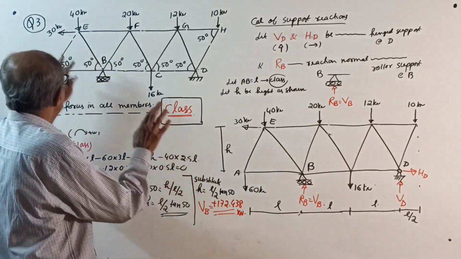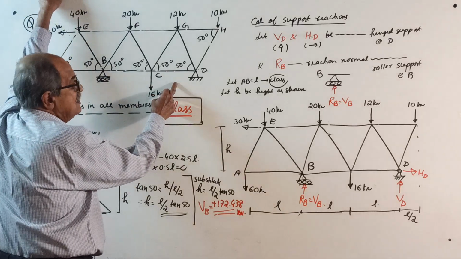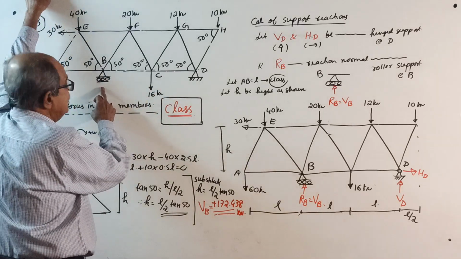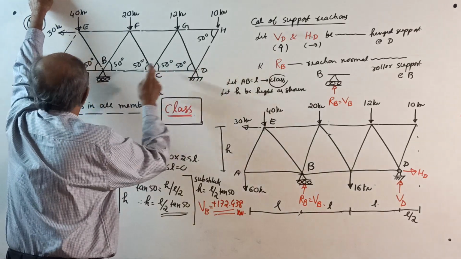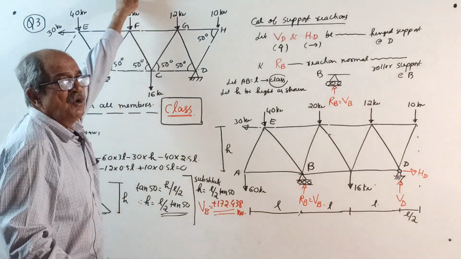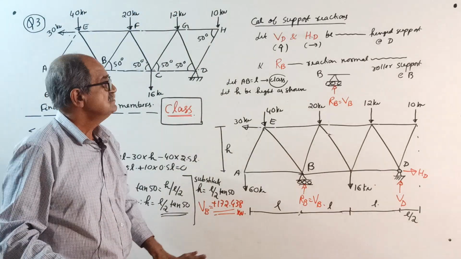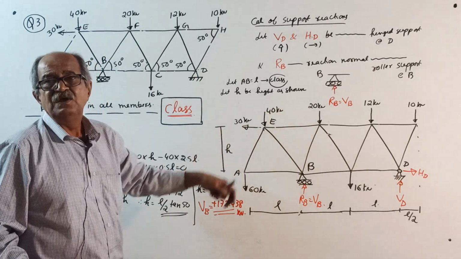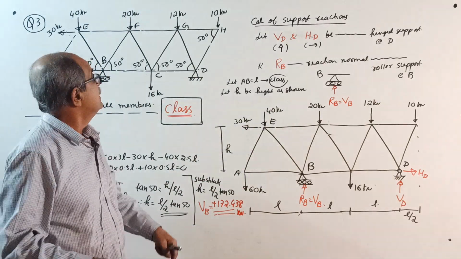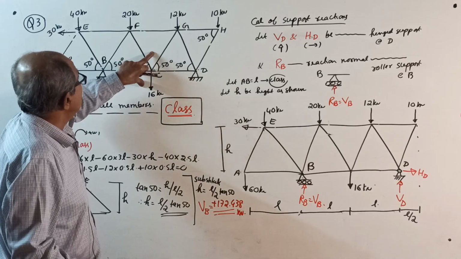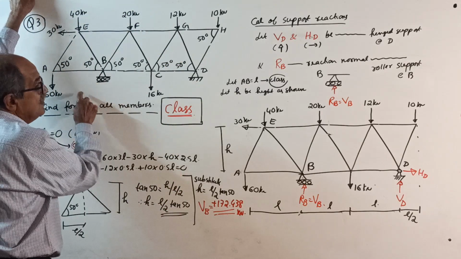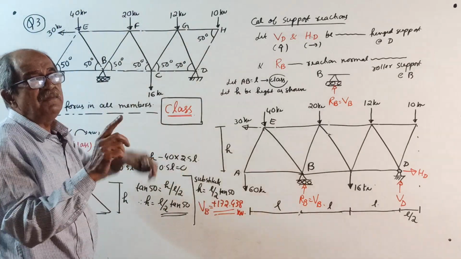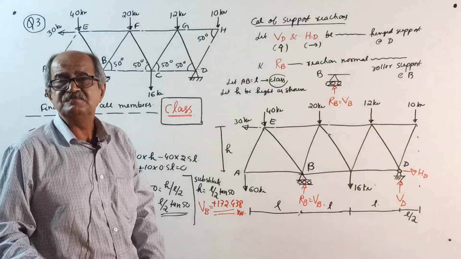So even though the length is not given here, you can take any length for that matter. But if you take 5 meter here, it is 5 meter everywhere, and this will be 2.5. But don't take 5, take L, and I'll solve the question. Sometimes in exams they will give L here, some bookwork type L. L will cancel.